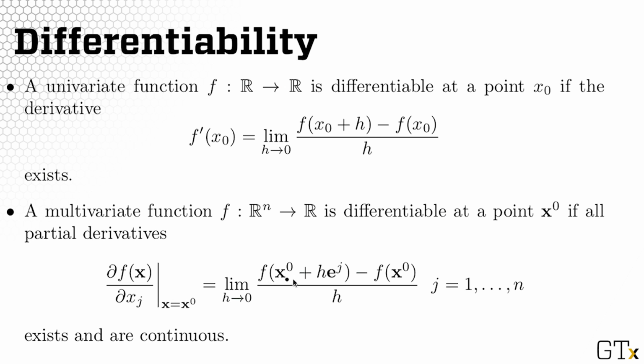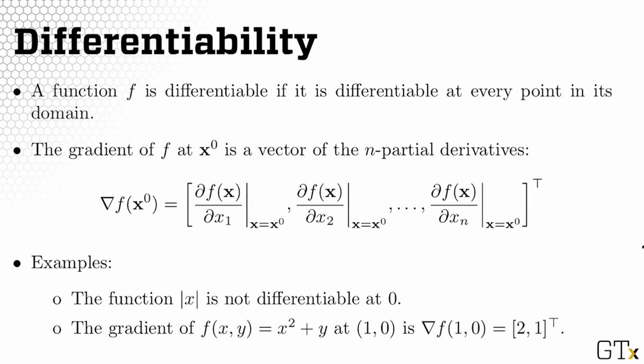So we look at f of x0 plus h times e to the power j. Remember that ej is a vector of zeros with a 1 in the jth position. So in other words, x0 plus h ej means that we are just adding h to the jth position of x0, minus f of x0, divided by h. So this is the partial derivative with respect to the jth component. If this partial derivative exists for all j, and they are continuous, then we say that this multivariate function is differentiable.